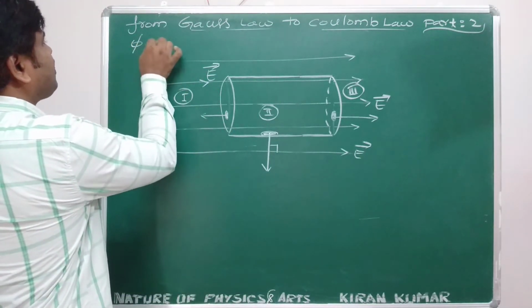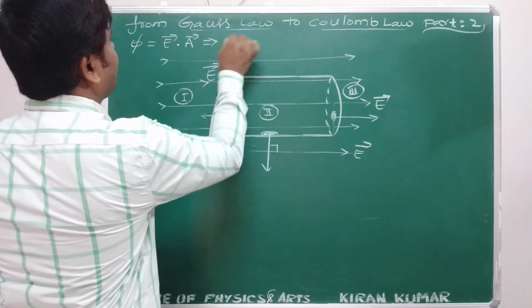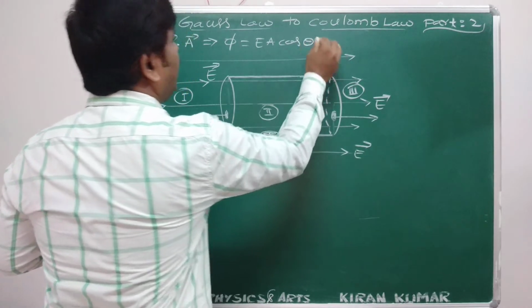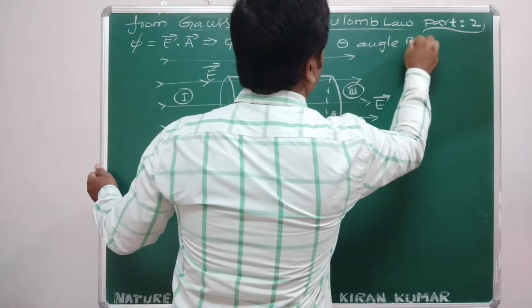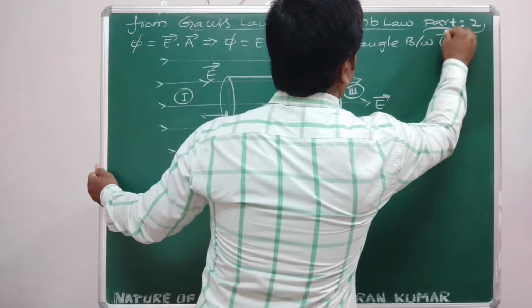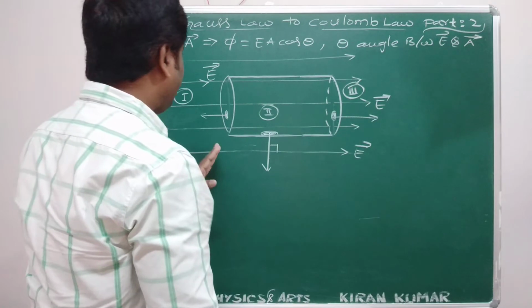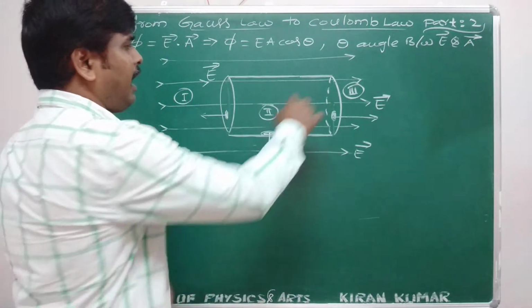So electric flux phi is equal to E bar dot A bar. Okay, so we can write electric flux is equal to EA cos theta, and theta is the angle between E bar and A bar. For this cylinder I'm considering three regions: first region, second region and third region.